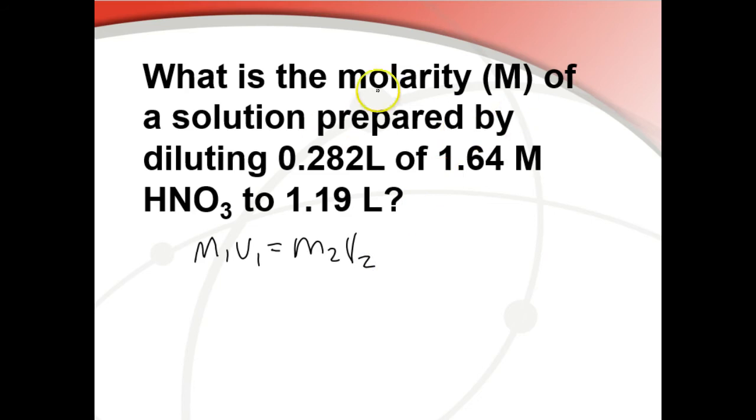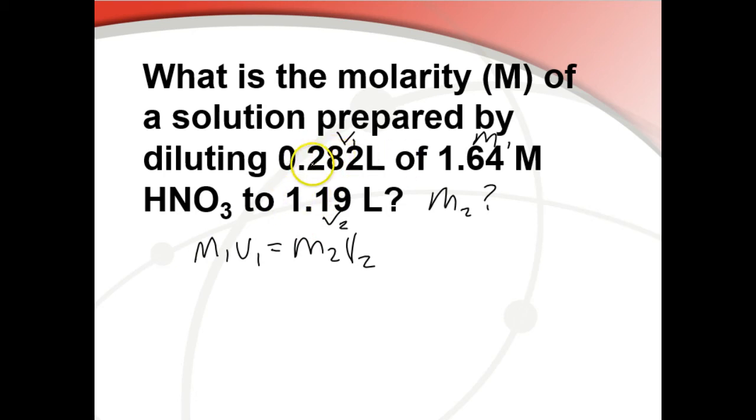So what is the molarity of a solution prepared by diluting? This is where we start, V1, and this is where we start as far as molarity goes, M1, and this is where we end, V2, and we want to know M2. Before I do the problem, I want to make sure I understand what's going on. I'm adding a ton of solvent, right?